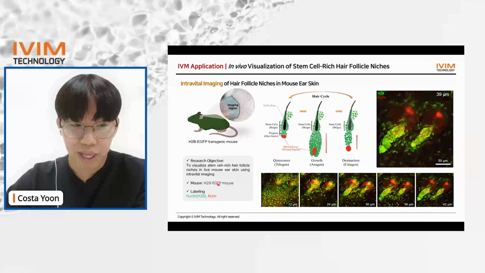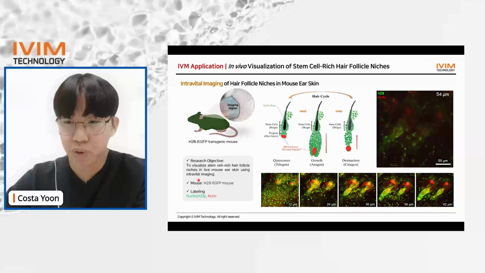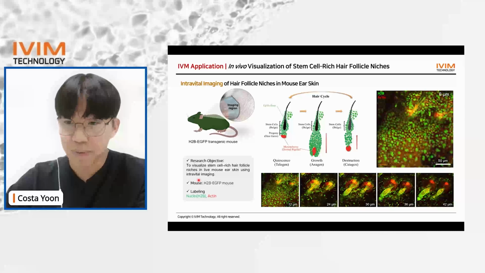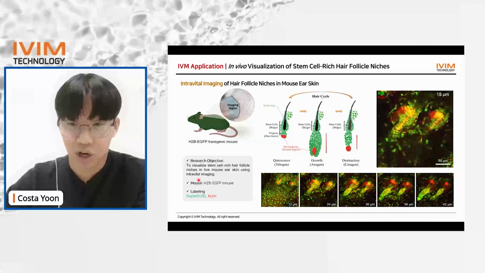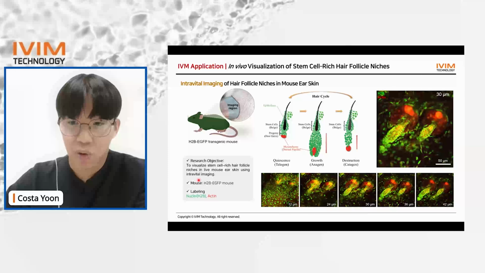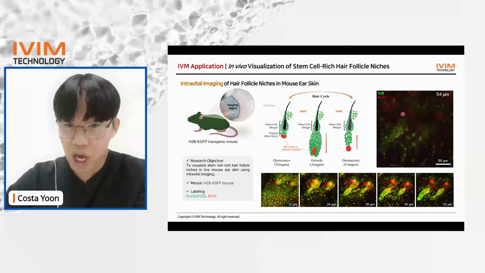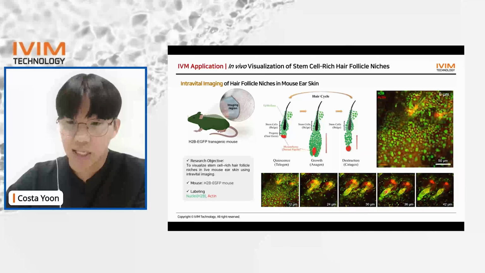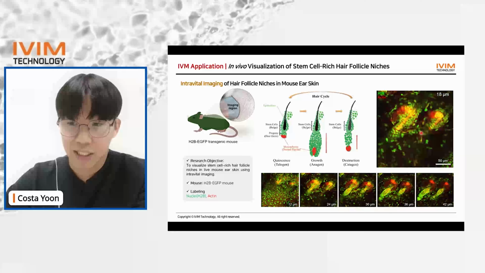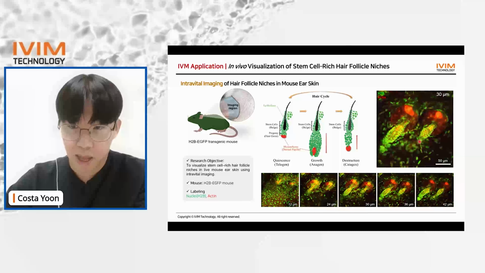We used H2B EGFP reporter mouse, in which GFP is expressed in the nuclei of cells. This allows us to visualize individual cells around the hair follicle and identify stem cells based on their location.